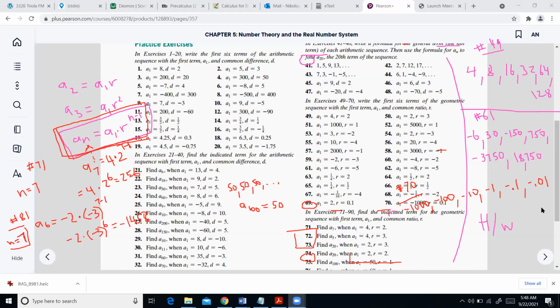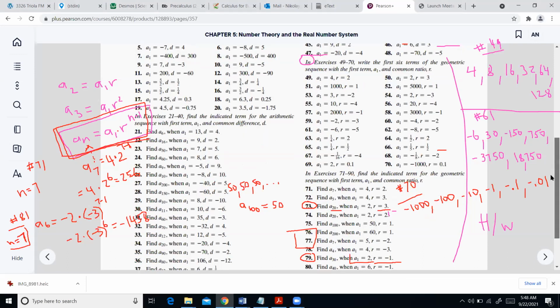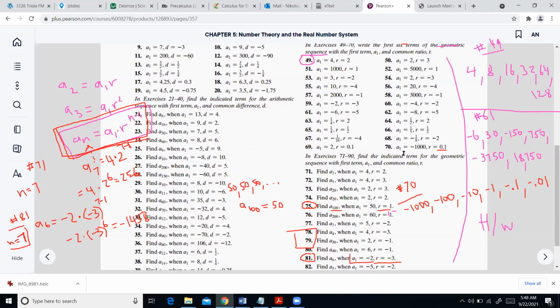Go back to 81. So 81 is here, right? So let's double check. So in problem 81, we have n is equal to 6.